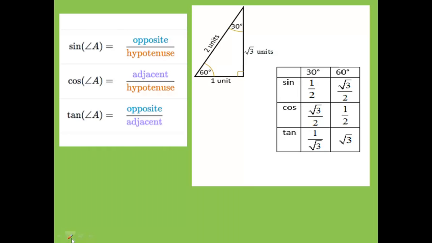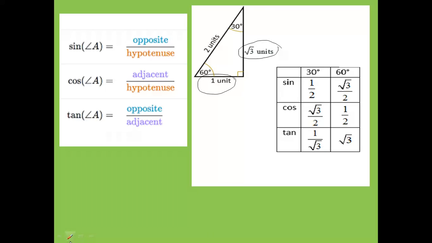Now, let us look at tan 30 degrees. Tan 30 degrees means opposite side by adjacent side. Then what is the value of tan 30 degrees? 1 by root 3.